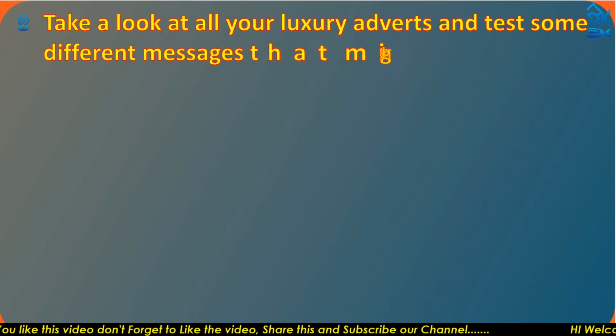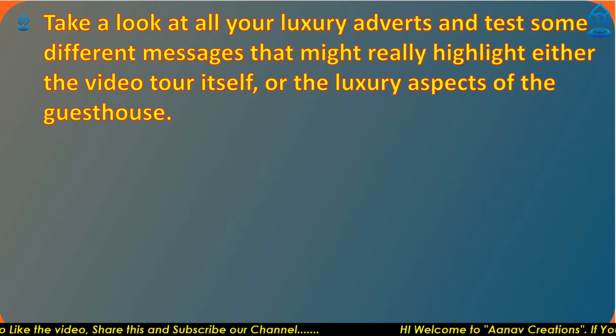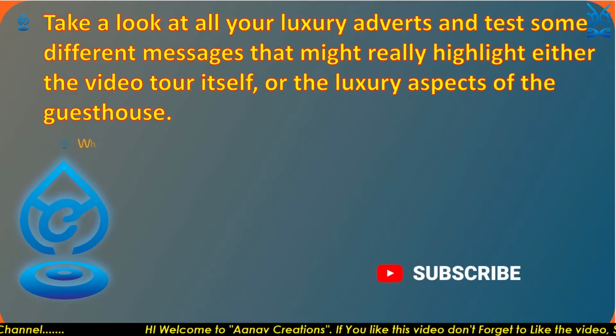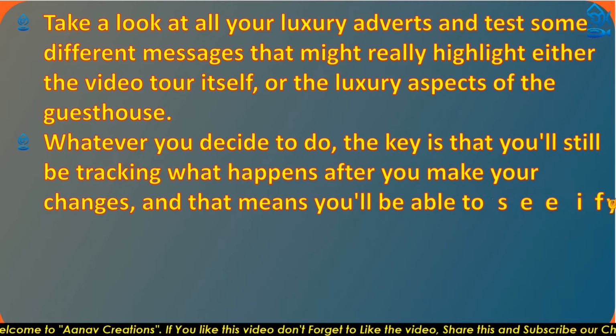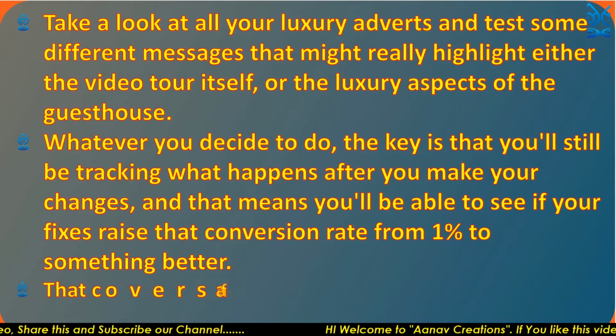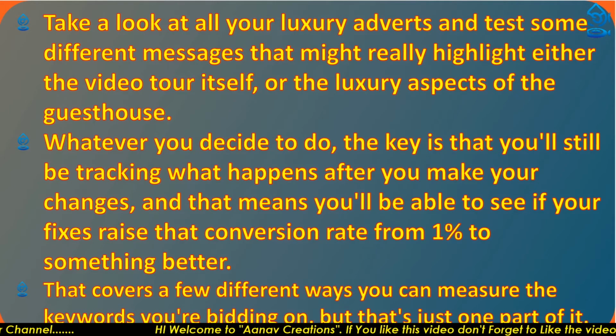Take a look at all your luxury adverts and test some different messages that might really highlight either the video tour itself or the luxury aspects of the guest house. Whatever you decide to do, the key is that you will still be tracking what happens after you make your changes, and that means you will be able to see if your fix raised that conversion rate from 1% to something better or not. That covers a few different ways you can measure the keywords you are bidding on.